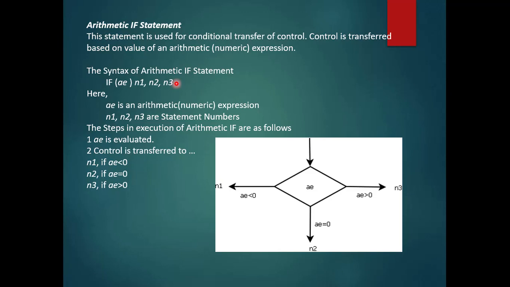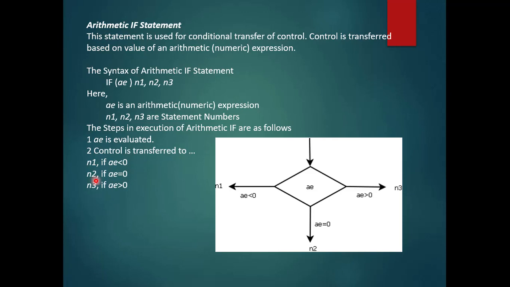It will go to the N1 if AE, that arithmetic expression, is found to be less than 0 or negative. In case AE is found to be 0, it will transfer to N2, and whatever statements are written on the line N1, N2 or N3, that would be executed.